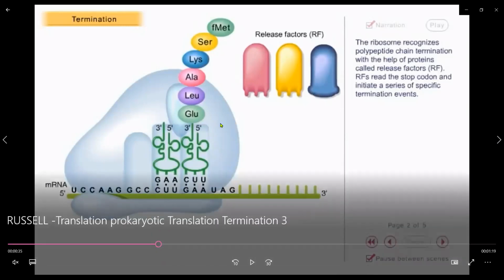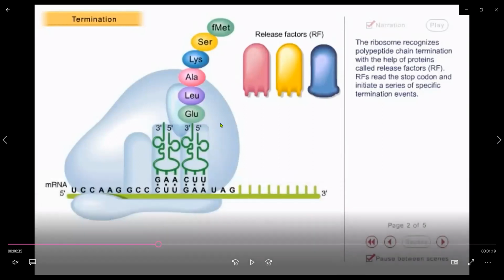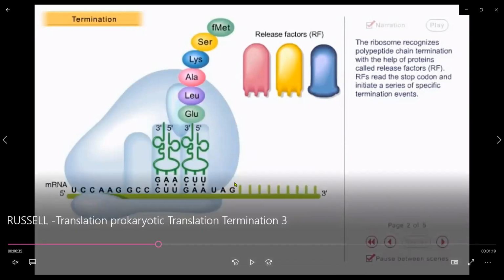Now, in the next phase of translocation, the moment the ribosome moves one codon, as we studied in the earlier animation, you will see that this tRNA with the growing polypeptide will move into the P site, and the uncharged tRNA will move into the E site. And in this vacant A site, we will now have this stop codon.